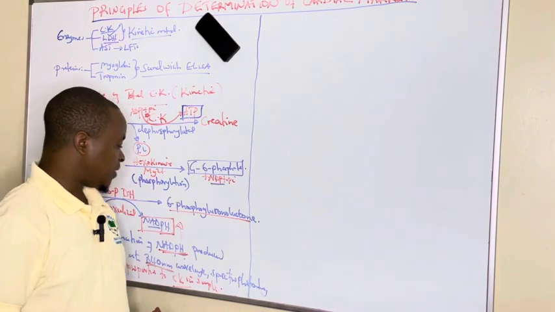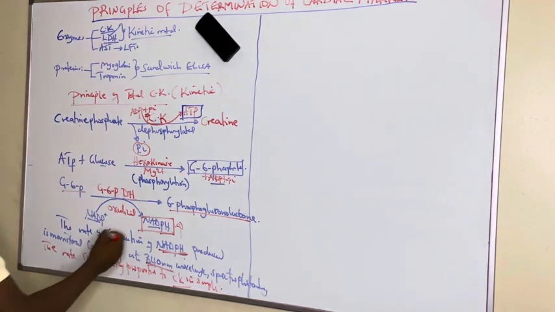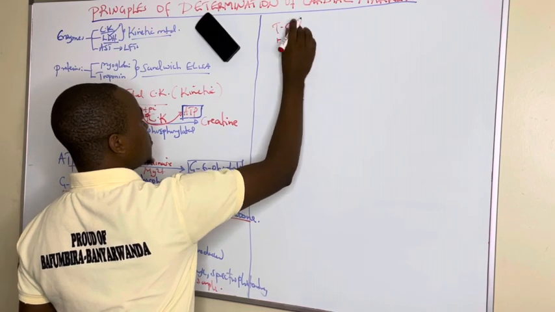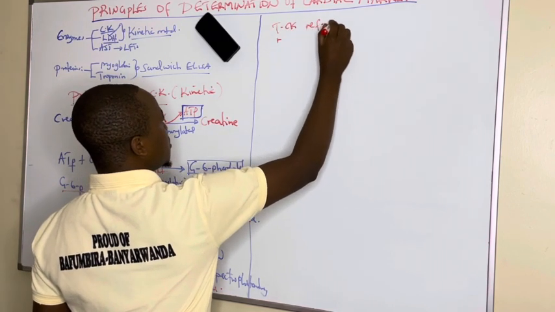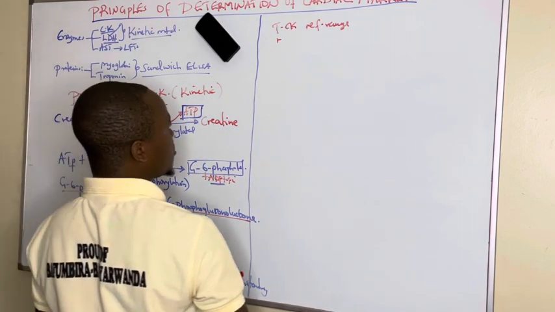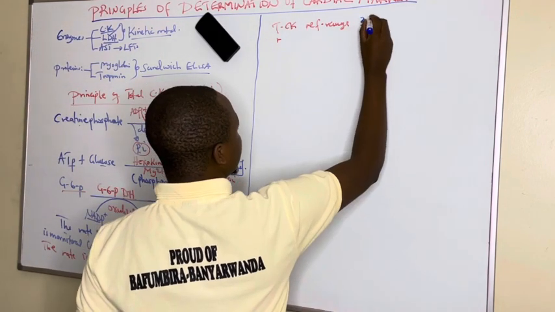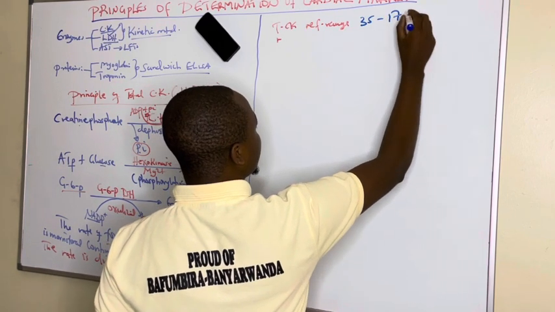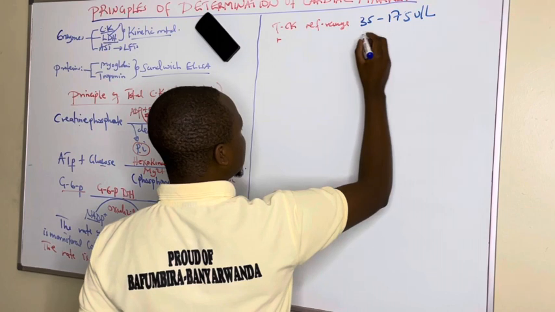After understanding this, we shall see the reference range of total CK. For men, it ranges from 35 to 174 or 175 international units per liter.